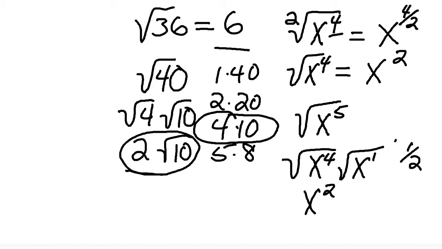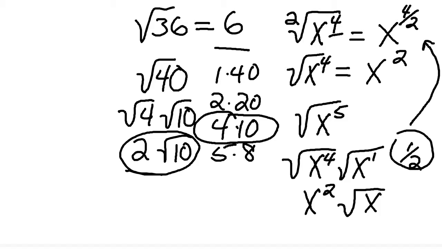Notice I can't simplify that fraction, 1/2, unlike the way I was able to do 4 over 2. So because I can't simplify that fraction, I can't do that part. But that's okay. That's part of simplifying radicals. It leaves me with the square root of x. And so the simplified form of the square root of x to the 5th is x squared times the square root of x.